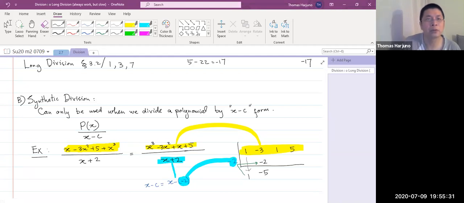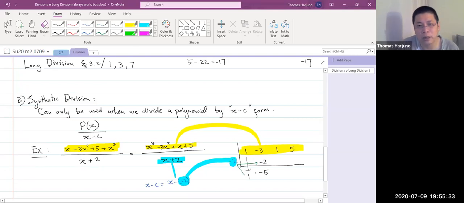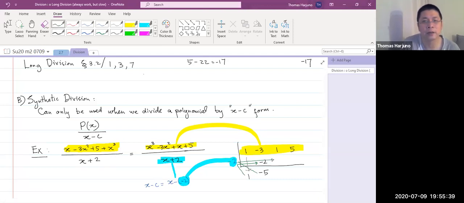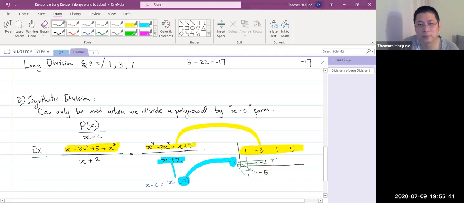Now we repeat the procedure again. Negative 5 times negative 2 is positive 10. And then we add. And then do the same thing again.